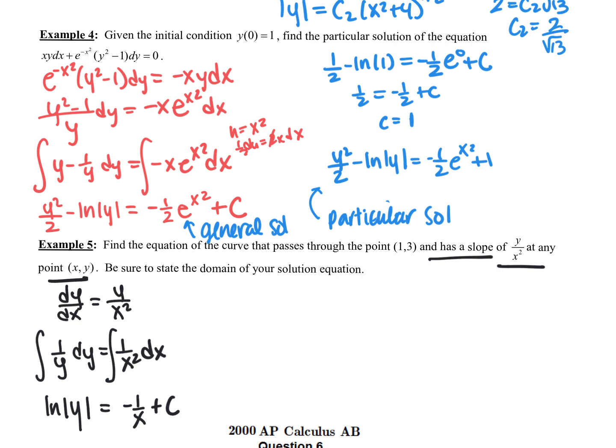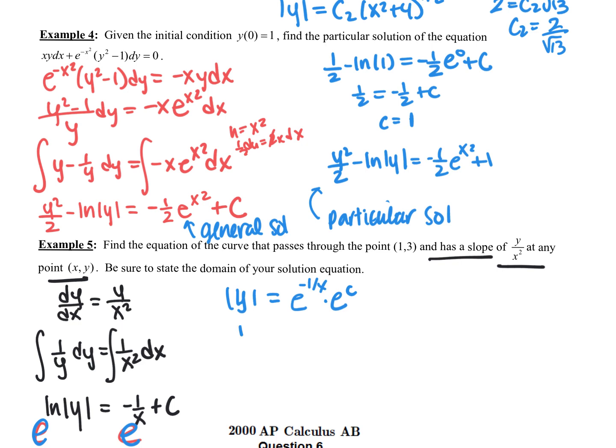So when you solve for y, you're going to raise both sides to the power of e because you want to get rid of that logarithm, right? This will become y, technically the absolute value of y. And then this is where you're going to rewrite this as e to the negative 1 over x times e to the c.